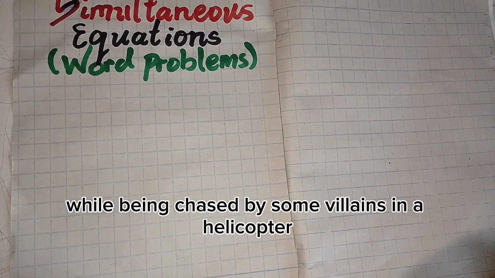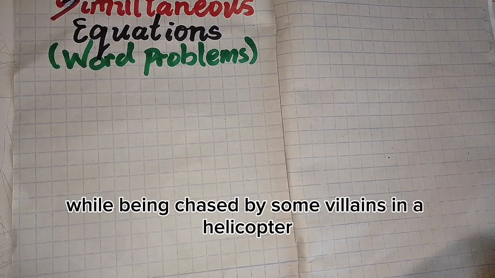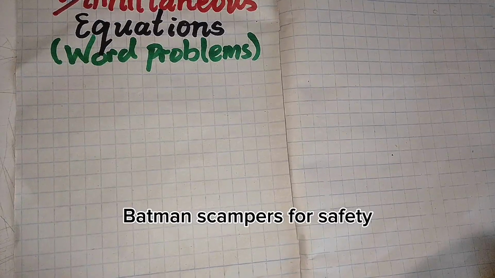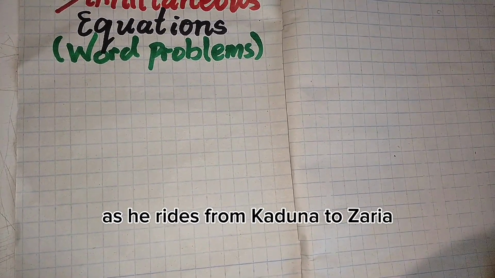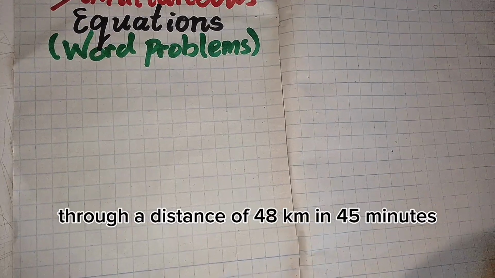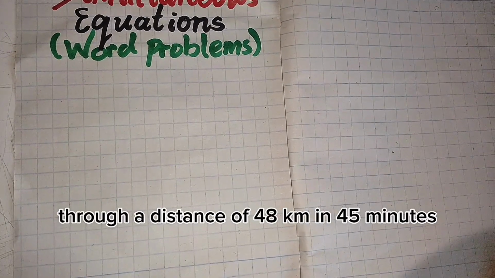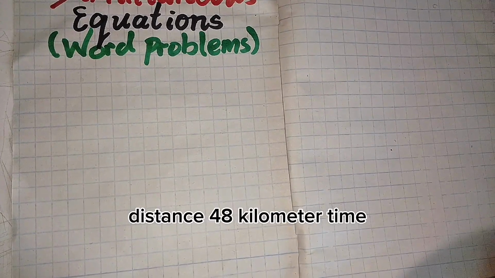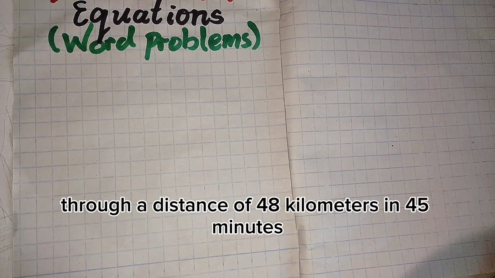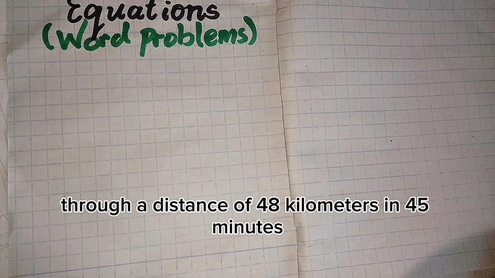Here the question goes thus. While being chased by some villains in a helicopter, Batman scans space for safety as he rides from Kaduna to Zaria through a distance of 48 kilometers in 45 minutes.